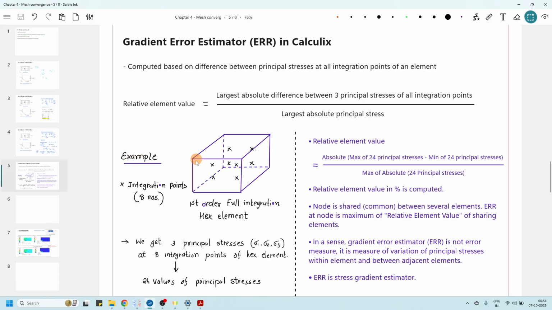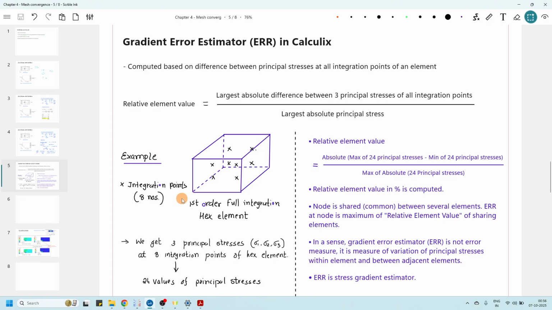So we will take this first order full integration hex element, which has 8 nodes, so 8 integration points. The location of integration points are shown in figure. This is approximate location. We know the integration point stresses and strains are calculated at integration points.